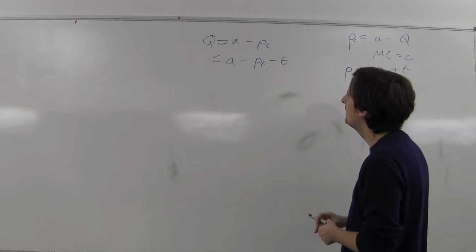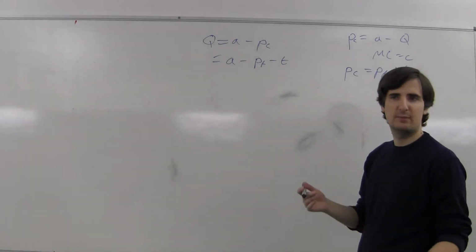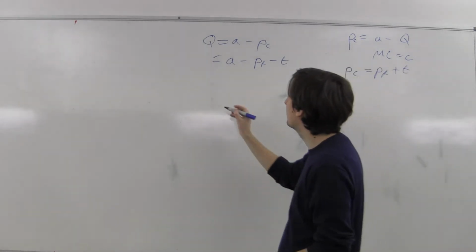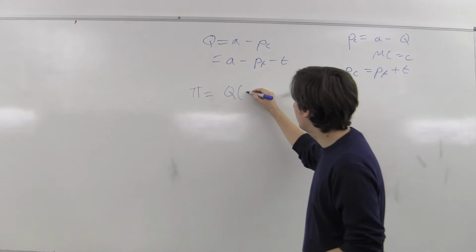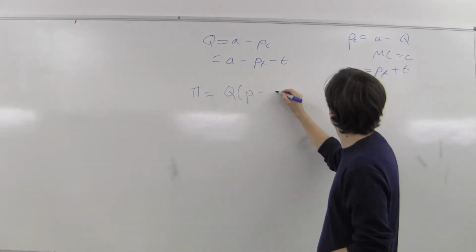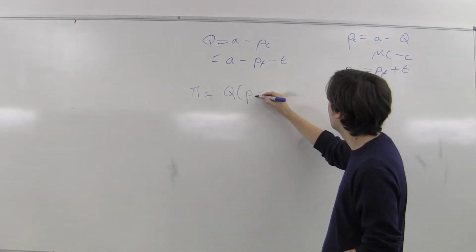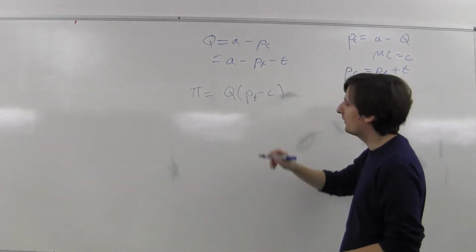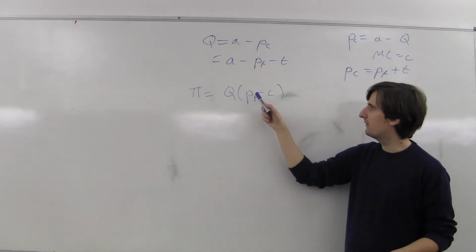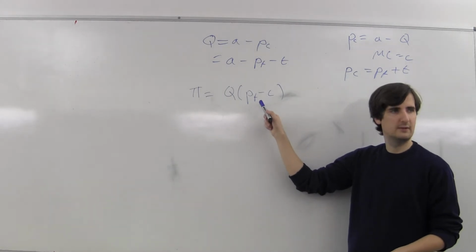Okay, so what's the monopolist going to do? Well, the monopolist wants to maximize profits. What are profits? Profits are quantity times price minus marginal cost C. The monopolist is setting a price PF.